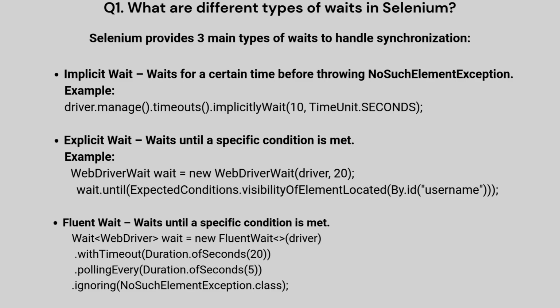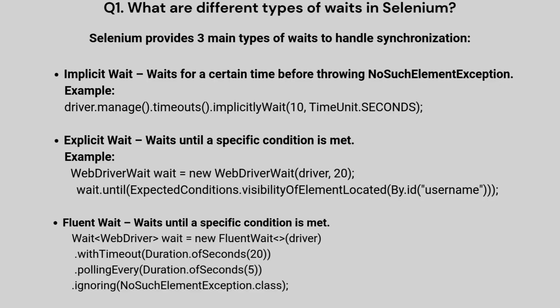Coming to the third wait, which is fluent wait. Fluent wait basically waits until a specific condition is met. Here also it is similar to explicit wait, but there are certain more complex conditions. As you can see, Wait<WebDriver> wait equals new FluentWait.